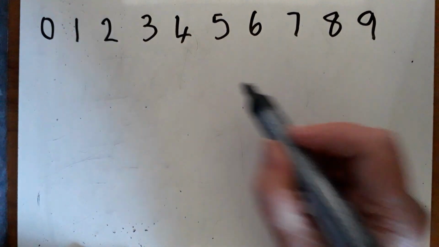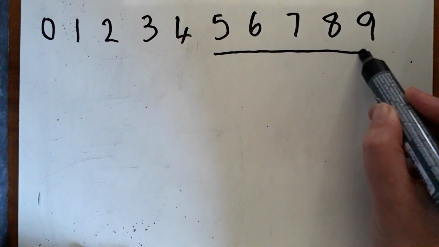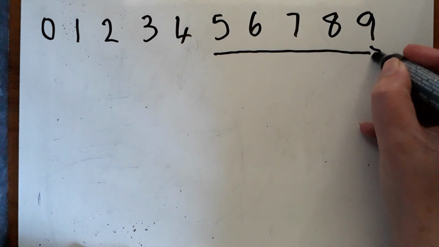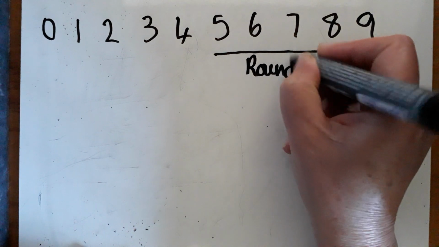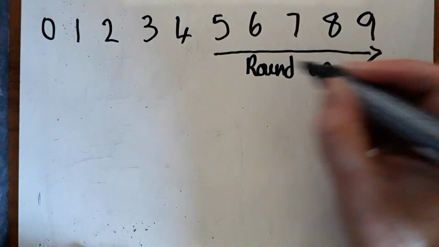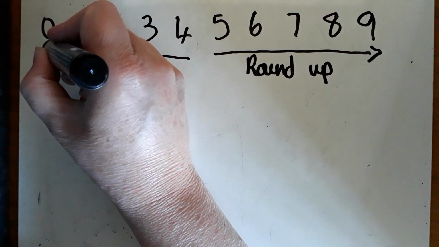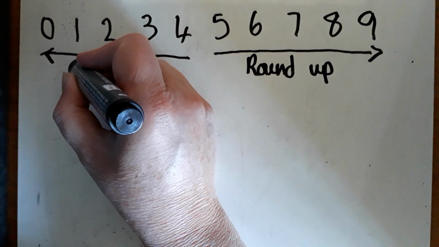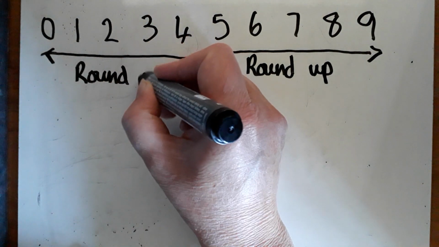All right, and we know that the digits from 5 to 9 round up, and the digits from 4 to 0 round down.